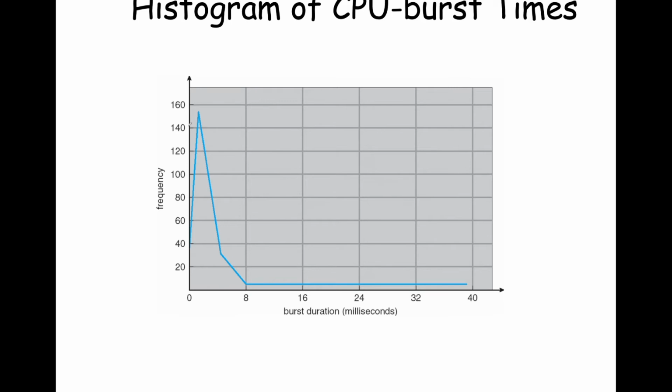If we look at this peak, the largest number, about 150, 152 of our bursts are in this very small duration, around 3 milliseconds. So the burst times tend to be relatively small.